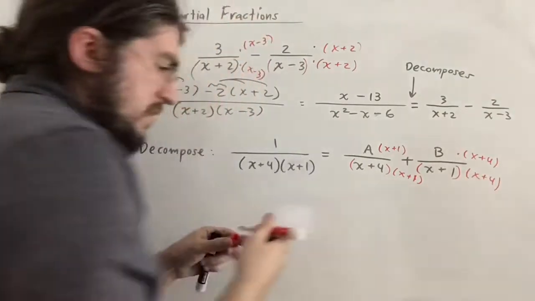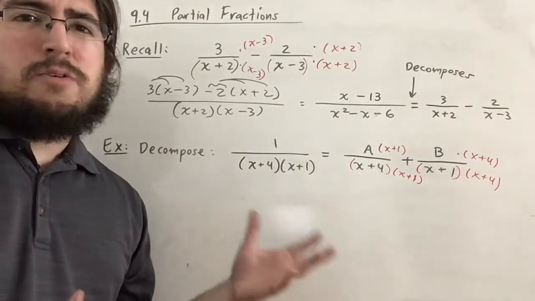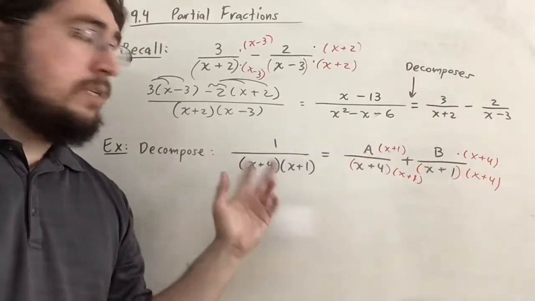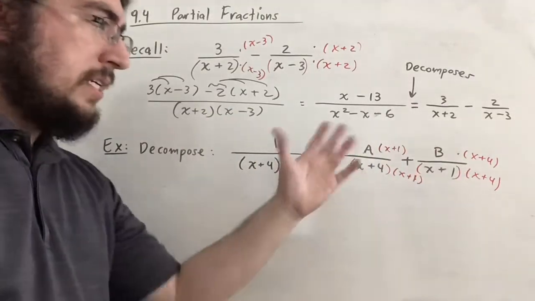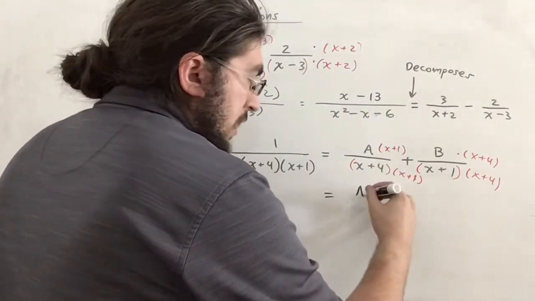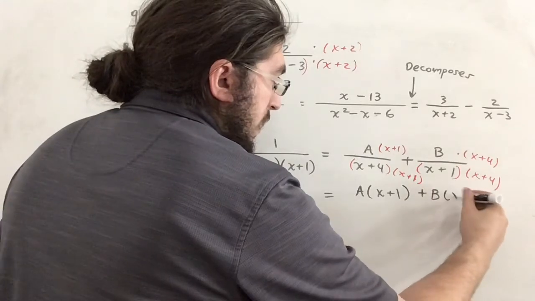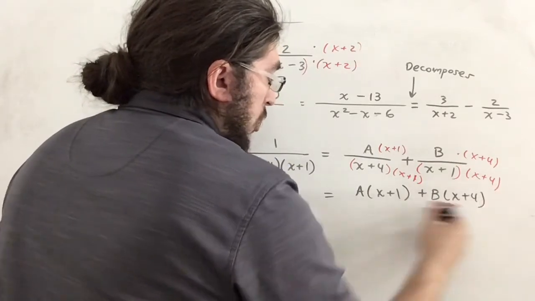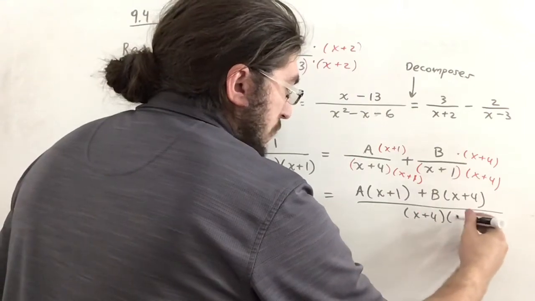Really we're just multiplying the numerators by opposite denominators, but it depends in general because you may have more than two factors, meaning you'll have more than two fractions adding together. But in this case we get A times the quantity x plus 1 plus B times the quantity x plus 4, all over the same common denominator, which is of course x plus 4 times x plus 1.